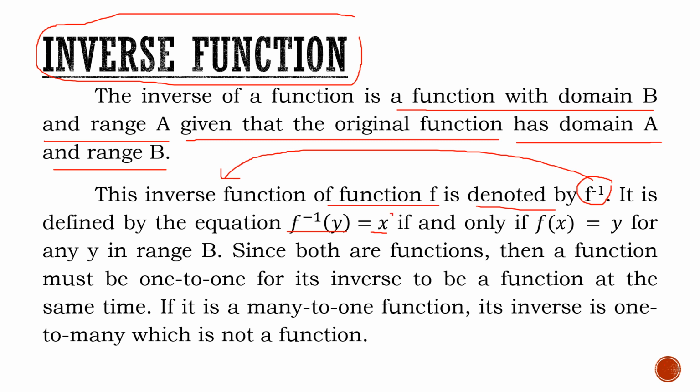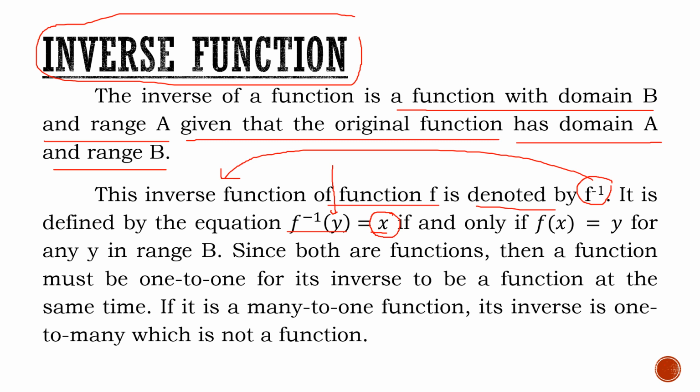Simply, whatever your x in your original function, that will be your y in your inverse function. In our original function, that will be f of x is equal to y. But in this case, that will be f raised to negative 1 of y is equal to x.